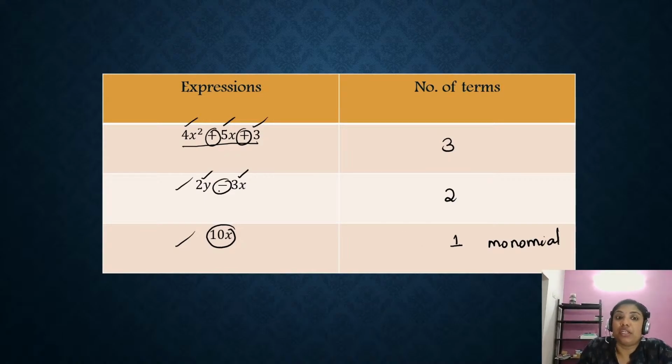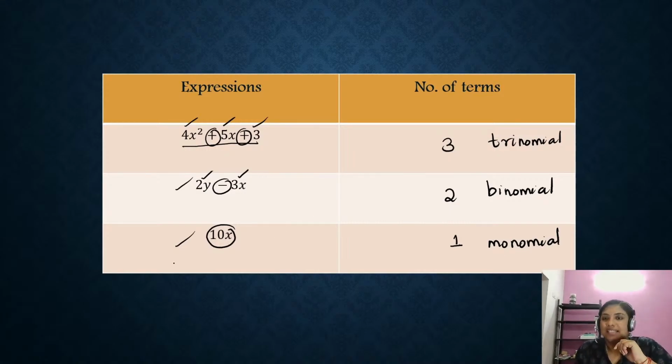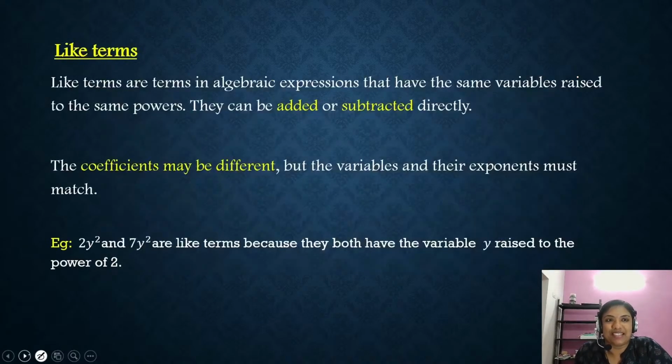Now, if an expression contains two terms, then it will be called a binomial. Bi means two. And if an expression contains three terms, it will be called a trinomial. So, these are very important for algebraic expressions.